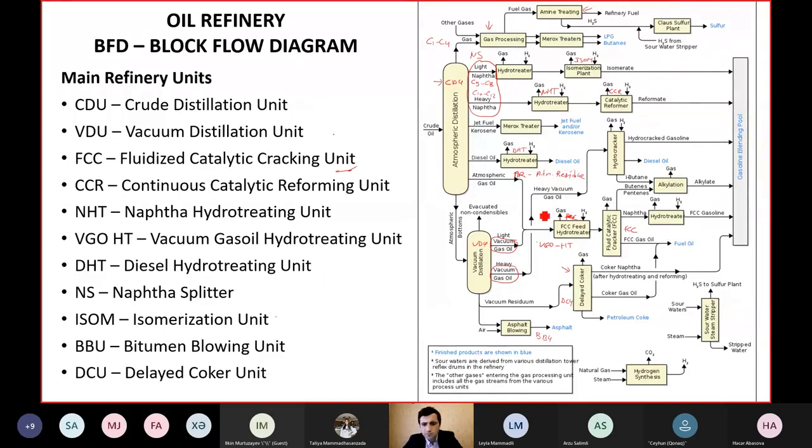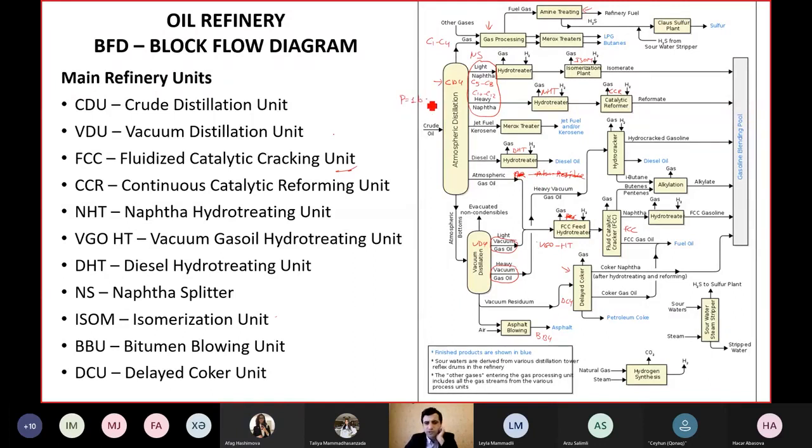Excuse me, can I ask a question? Yes, sure. We call them atmospheric because it goes out at atmospheric pressure, or is there another reason? Yes, exactly. So here the pressure is around 1 bar G or 1 atm gauge pressure.